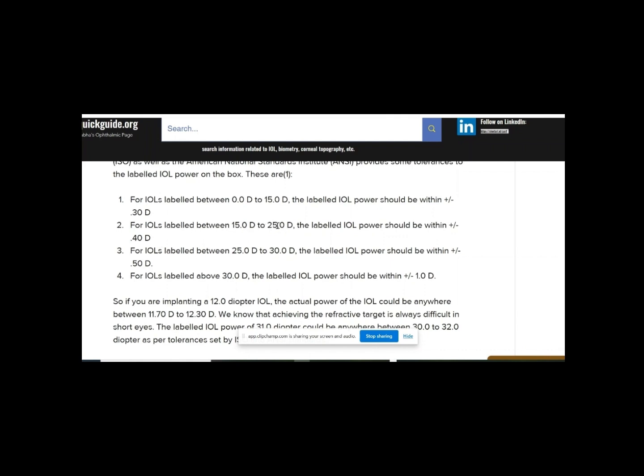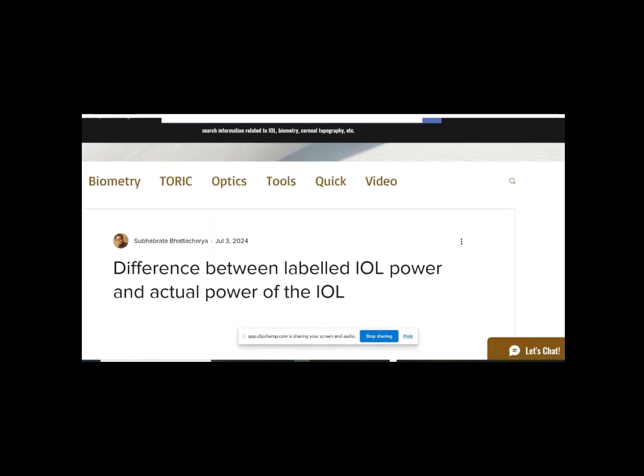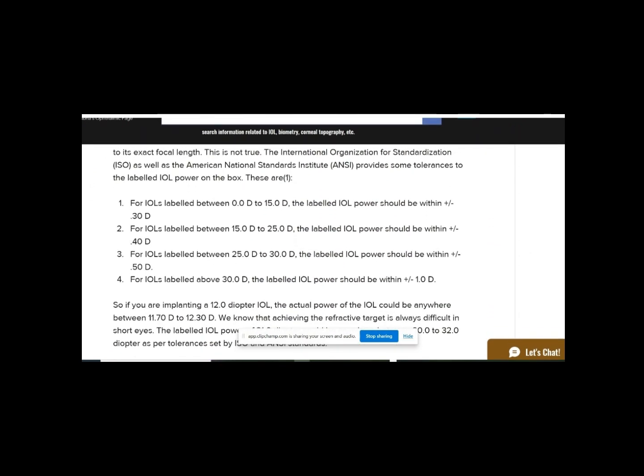What this means is that if you order a 15 diopter IOL, that power can be anywhere between 14.6 diopters and 15.4 diopters, right? You can go through this article to understand more, the difference between labeled IOL power and actual IOL power. So this is the tolerance limit of the different IOLs, and I'm not going into detail of this.